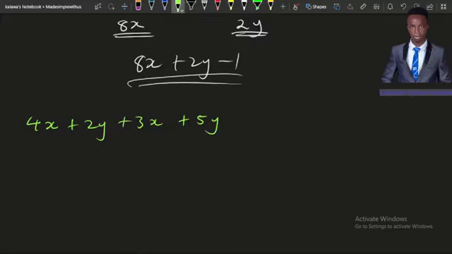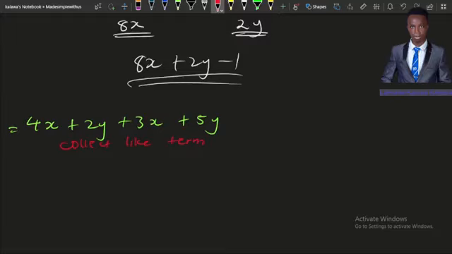So how can you go about this again? It's simple. Just follow the first step, the previous step earlier. What we do is we first of all collect like term. Remember I said like term must be of the same variable irrespective of the different coefficient.